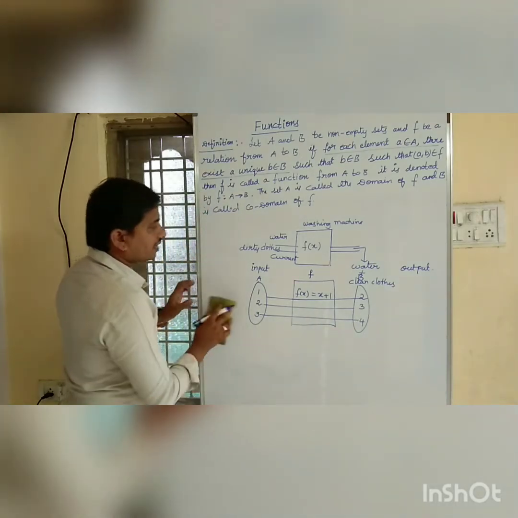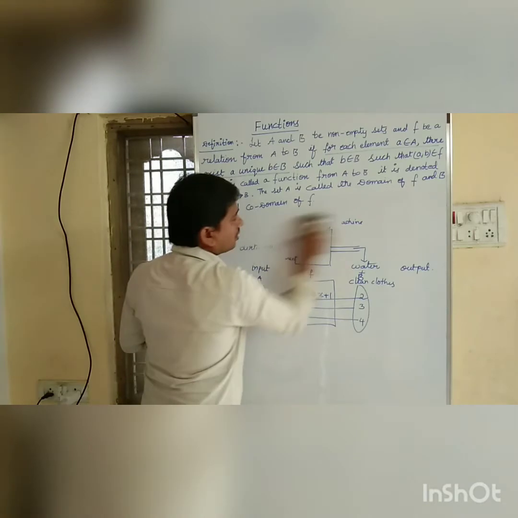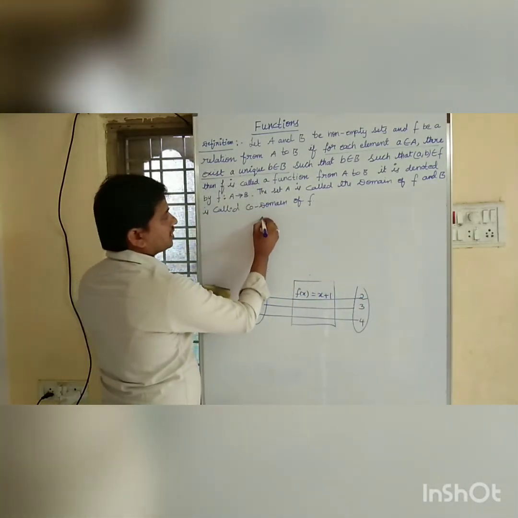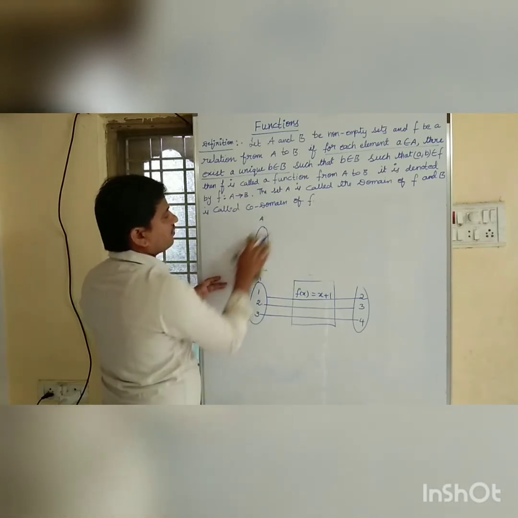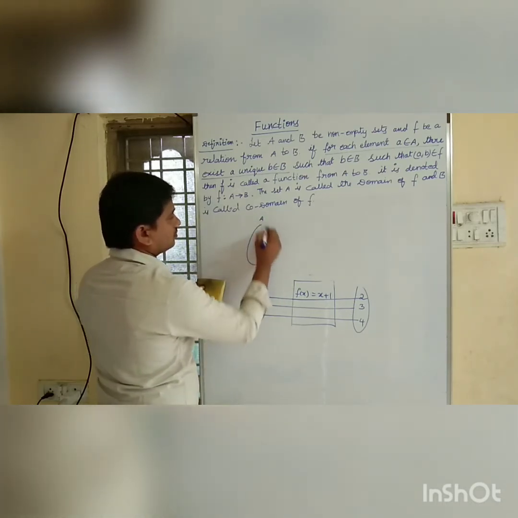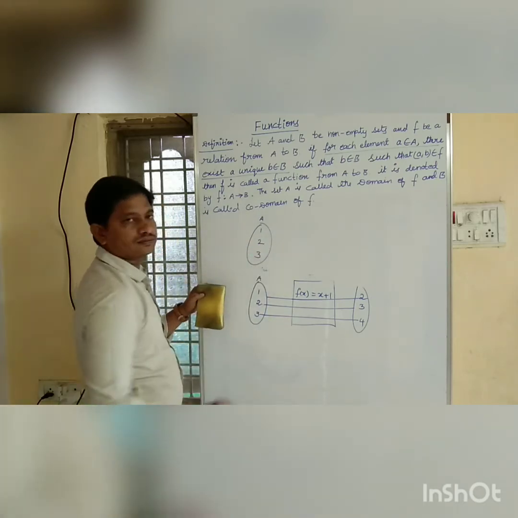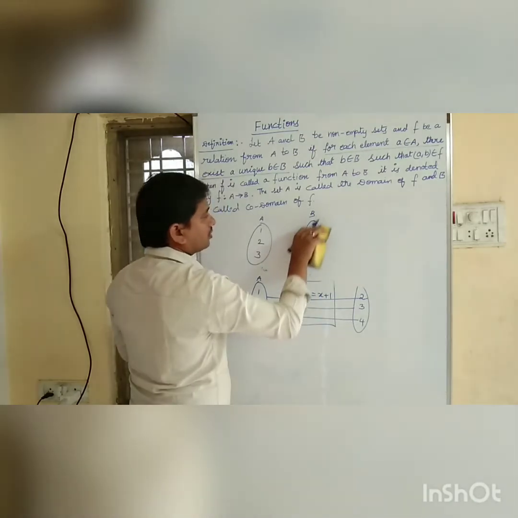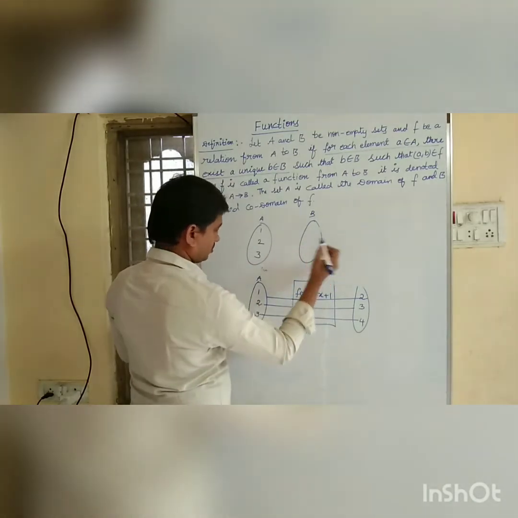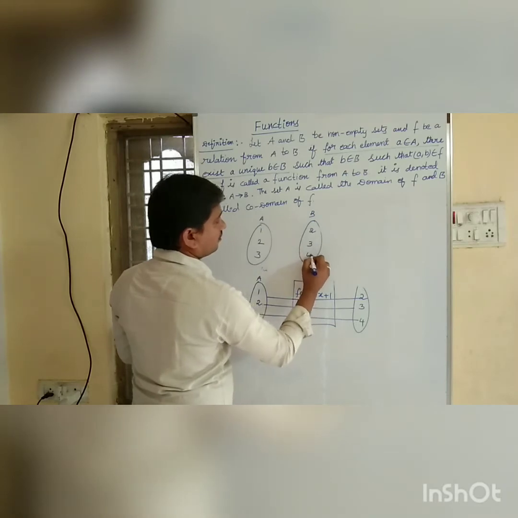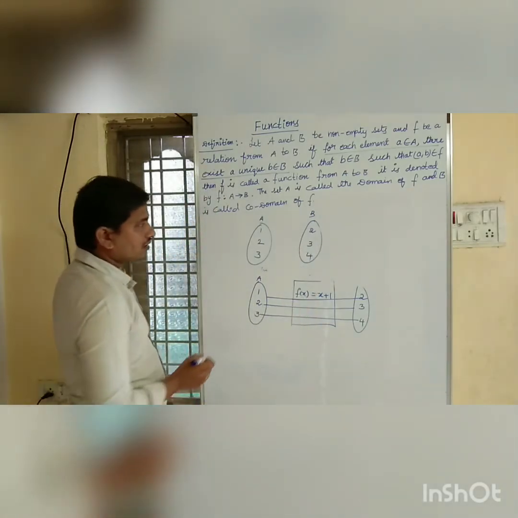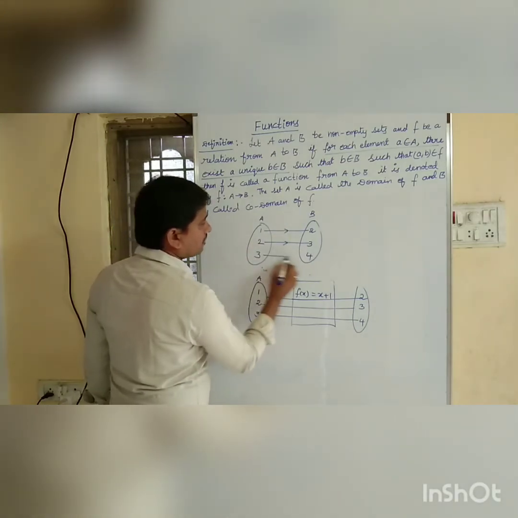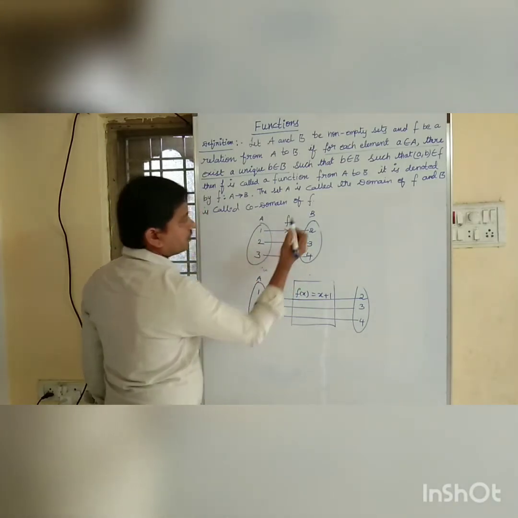Simply, I can write here, for example, this is the set A consisting of elements 1, 2, 3, and this is the set B consisting of elements 2, 3, 4. 1 is mapping with 2, 2 is mapping with 3, and 3 is mapping with 4.